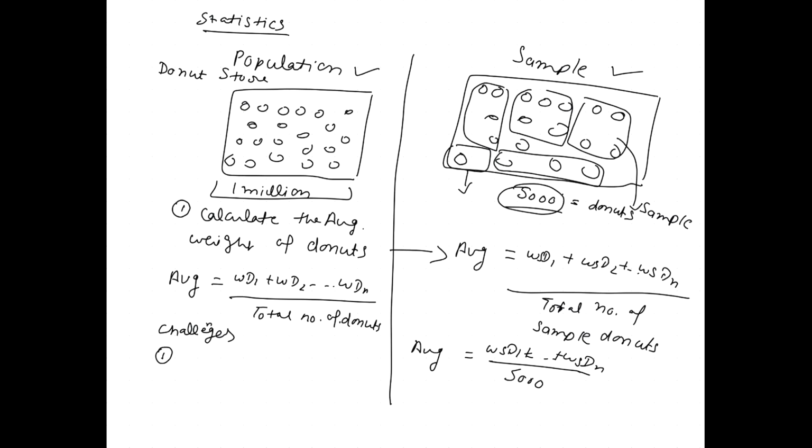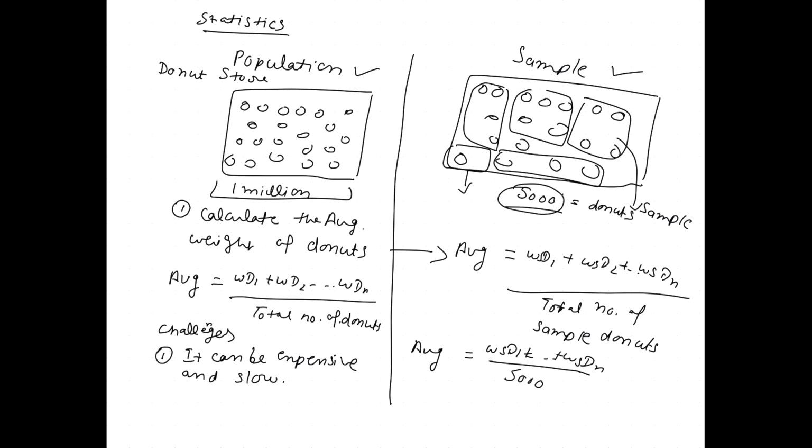It can be expensive, because you need to maintain it, and slow too, because this is 1 million records, 1 million donuts present in your store. If you take the average of the entire population, it is definitely going to be slow because it will take time to process.